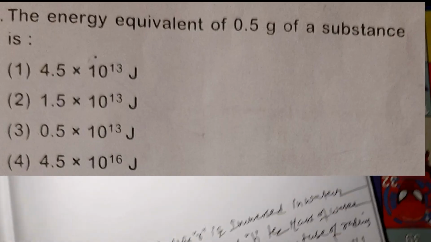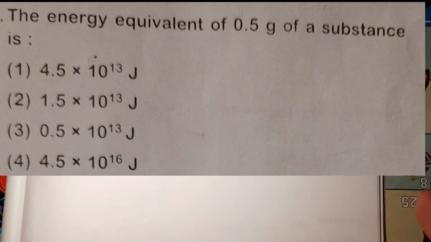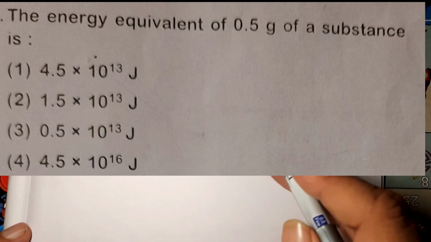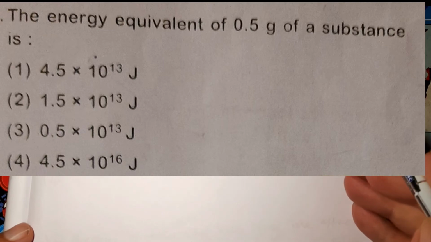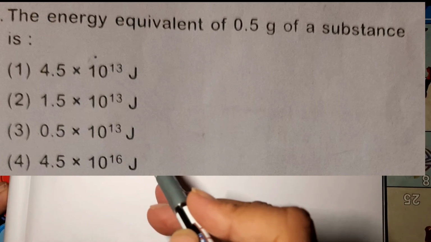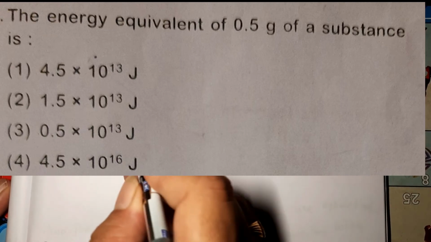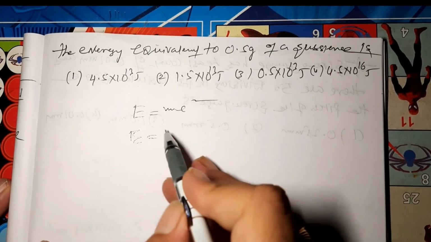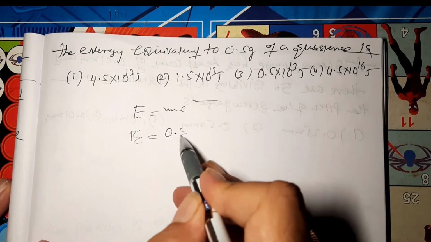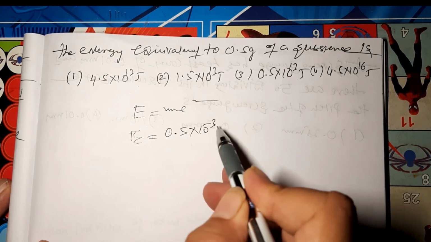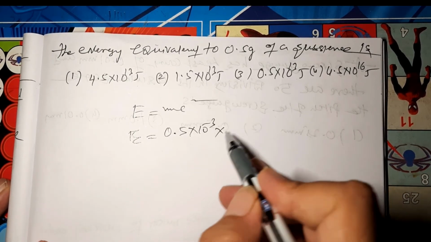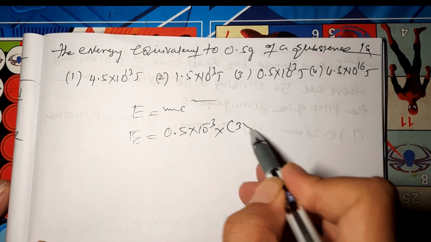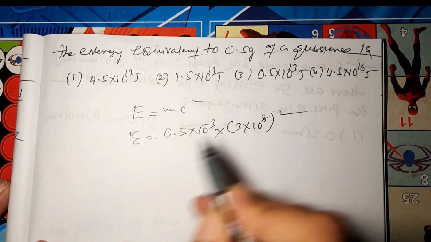Another problem is: the energy equivalent to 0.5 grams of a substance. Simple formula, according to Einstein's equation, E is equal to mc square. So m means 0.5 grams, that is 0.5 into 10 to the power of minus 3 kilograms, c square is 3 into 10 to the power of 8 whole square.